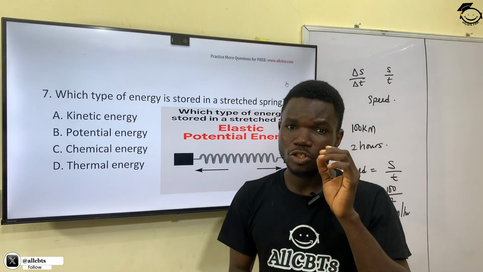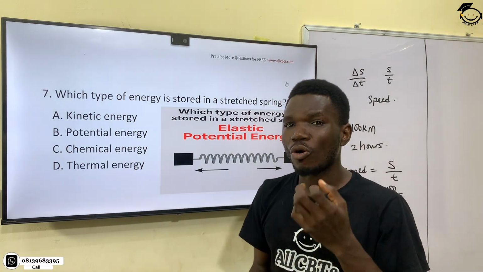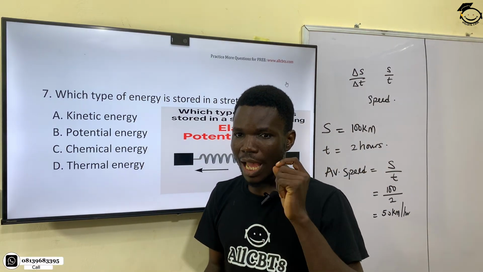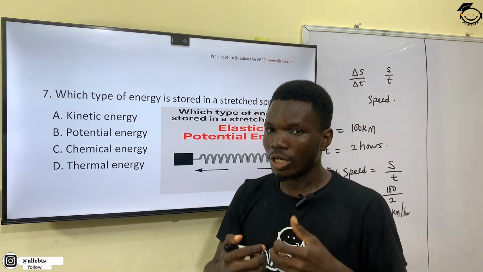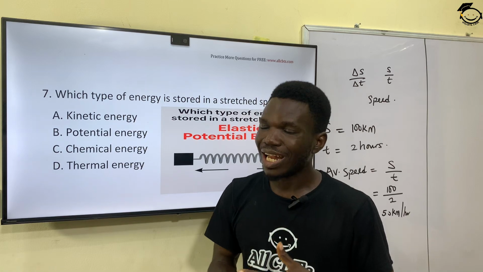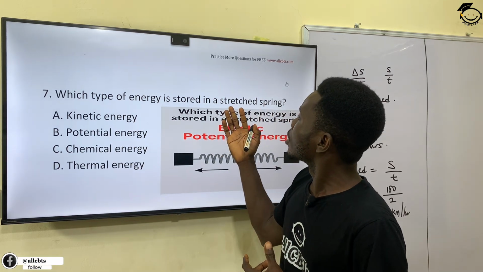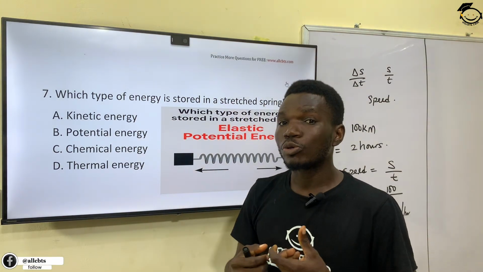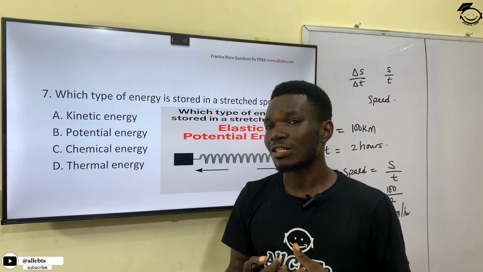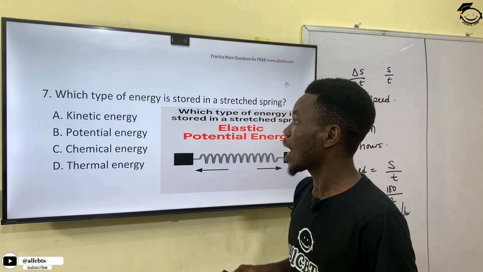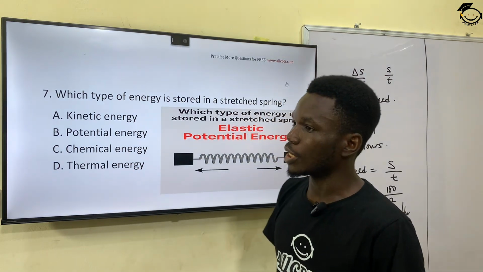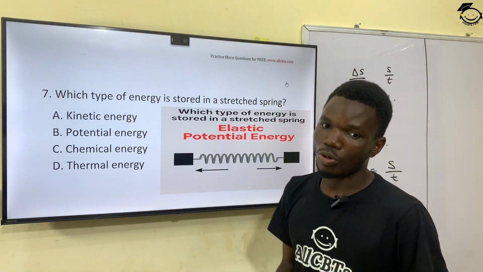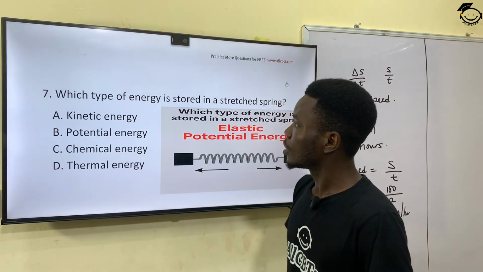It is elastic because a spring is usually elastic, from Hooke's law of elasticity. So inside that spring, you have potential energy, and because it is elastic, that's why we call it elastic potential energy. So the correct answer here is option B, which is potential energy.